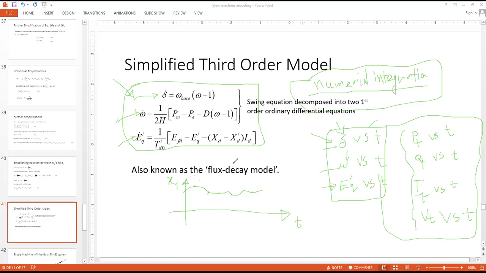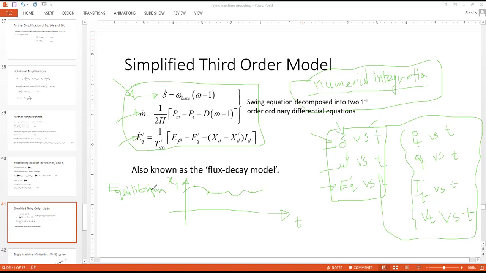Basically we are looking for the operating point which we will denote as the equilibrium point or steady state operating point. The steady state operating point or the equilibrium point is a special case of the general operating point.